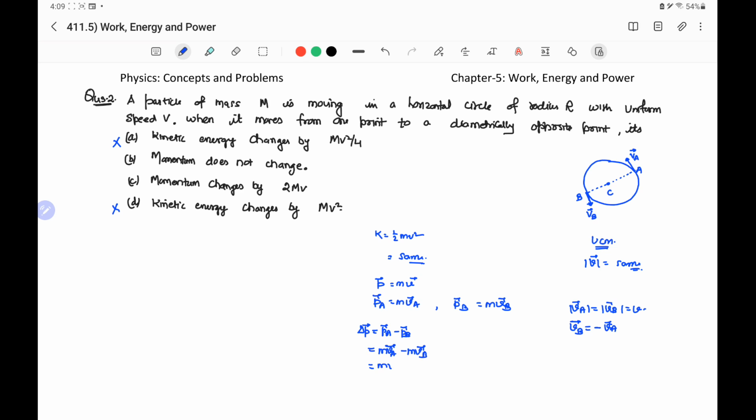It is equal to mvA minus m, and vB is minus vA. So it will be equal to 2mvA. And magnitude of the velocity at each point is, we have considered, v. So it is equal to 2mv. Hence, option C is the correct option. Momentum changes by 2mv, while option B will be incorrect.